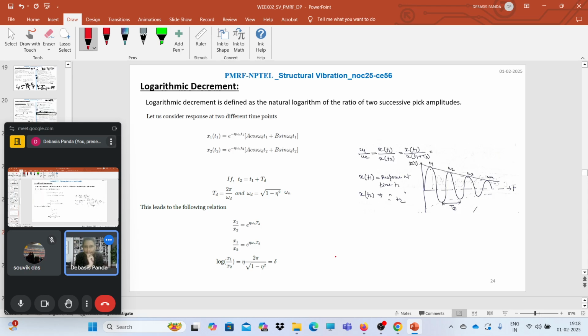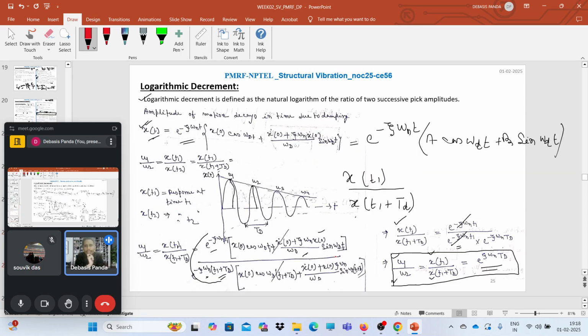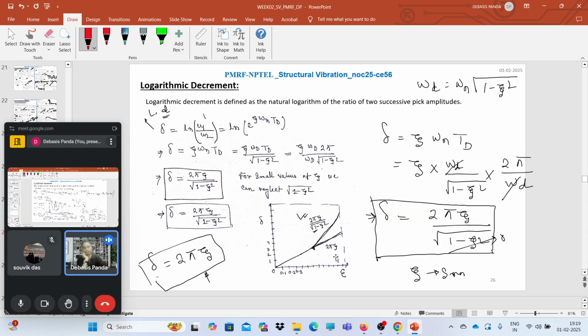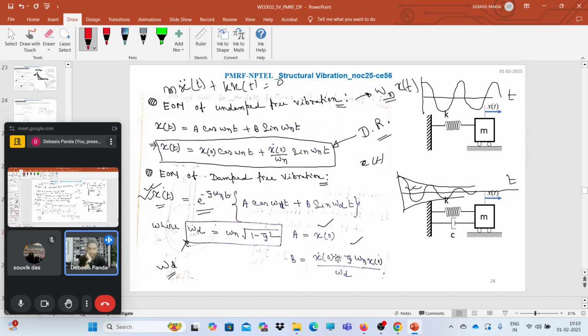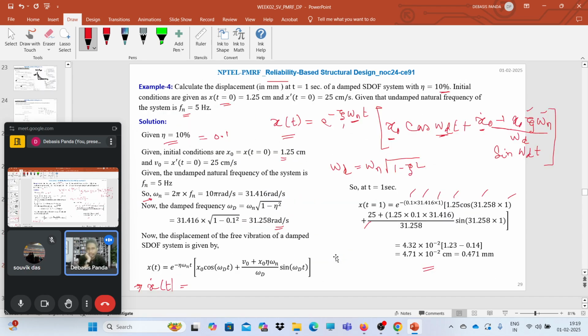We covered the concept of logarithmic decrement, which is the natural logarithm of the ratio of two successive peak amplitudes. It is a very important phenomenon: if we have the displacement or acceleration response of free vibration, we can easily calculate the damping ratio from the logarithmic decrement. Then we solved different kinds of problems related to the logarithmic decrement, the damped natural frequency, the damped natural time period, and all these things.